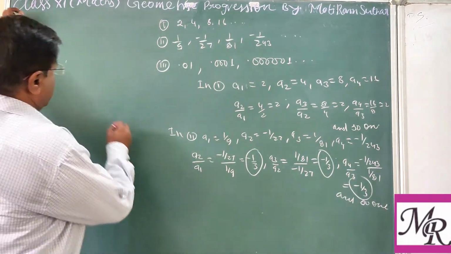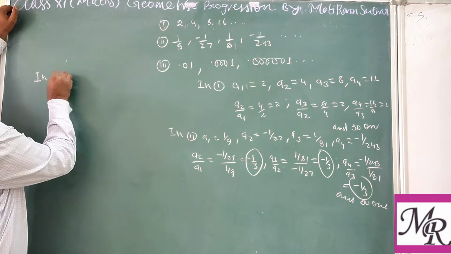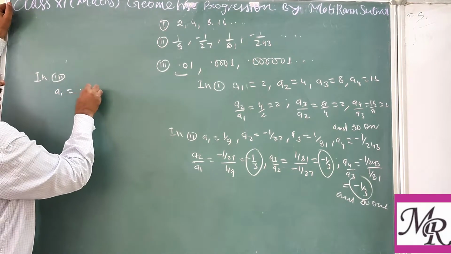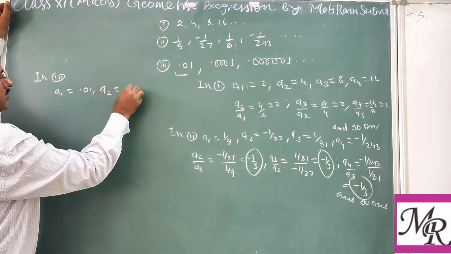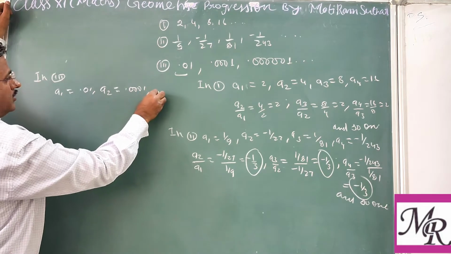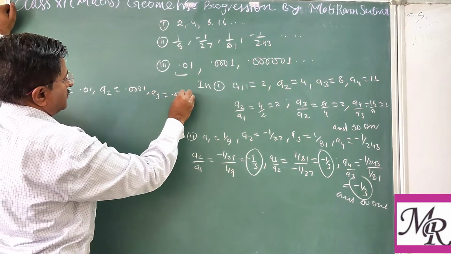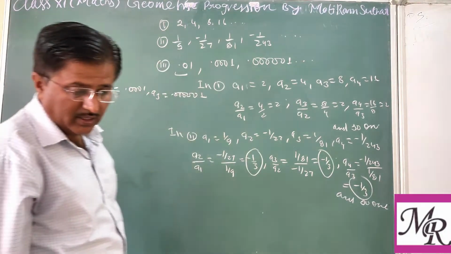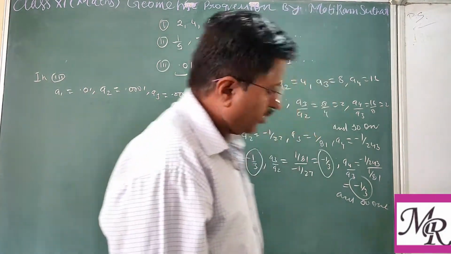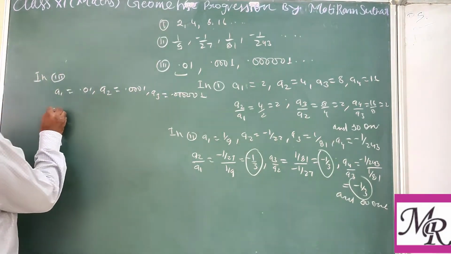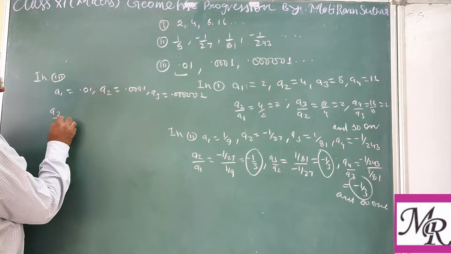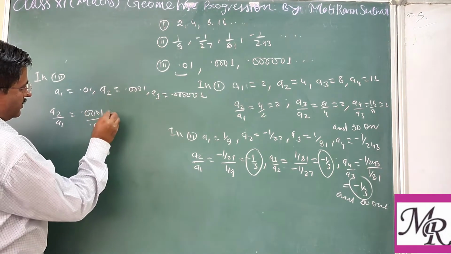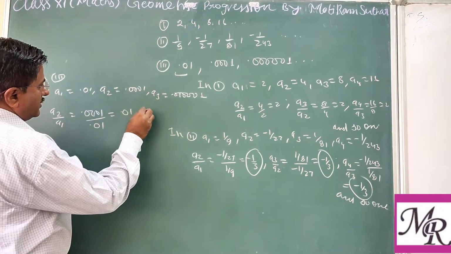Similarly, in the third example, A1 is 0.01, A2 is 0.001, A3 is 0.0001. Clear? And so on. In this also you can find the ratio: A2 by A1, 0.001 divided by 0.01, that is 0.1.